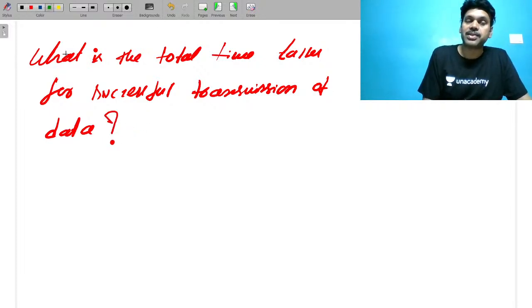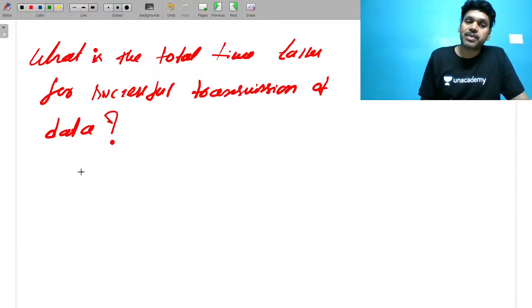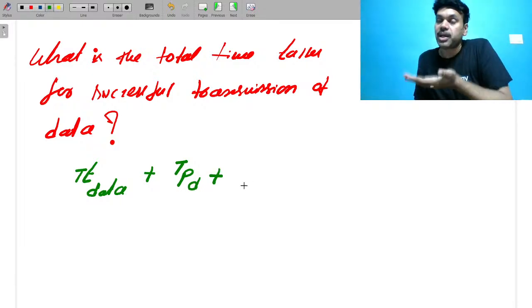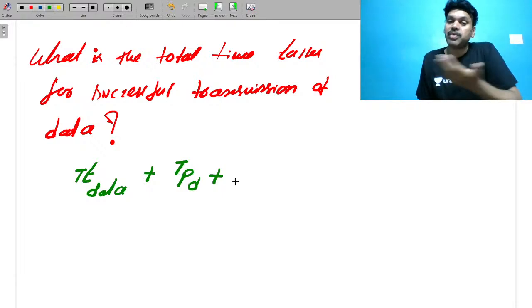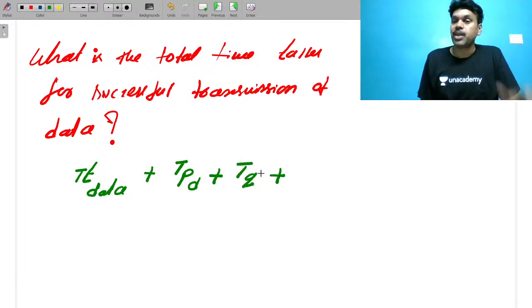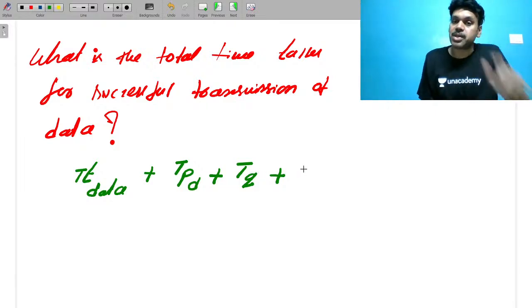Recollect them in order. The first one is the transmission time of your data. The second one is the propagation time of your data. The third one: once the data is propagated, it is held in the buffer, so queuing delay, plus once the data is received by the receiver, it is going to process it.